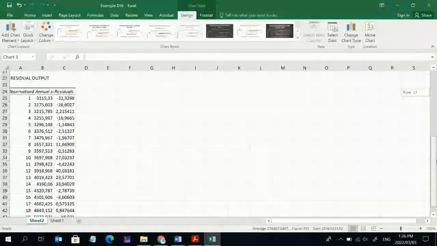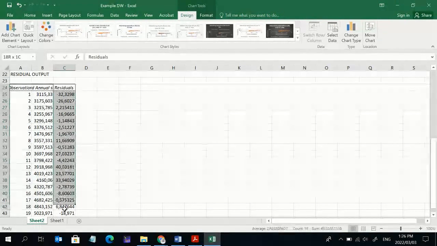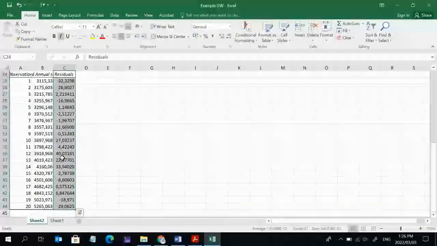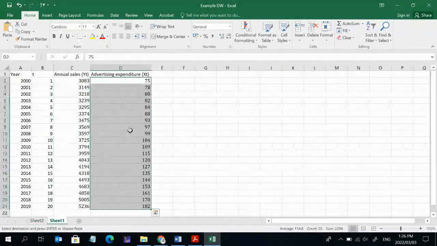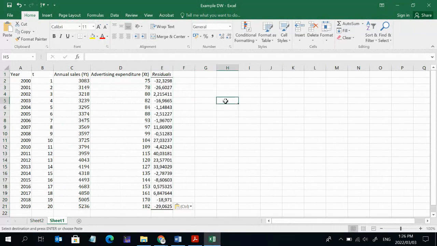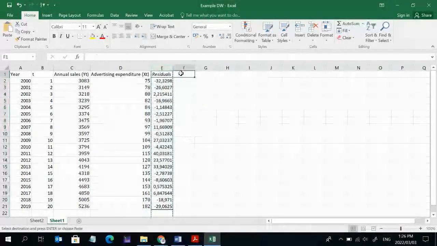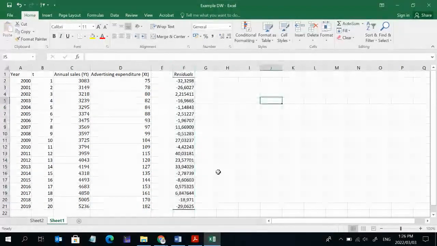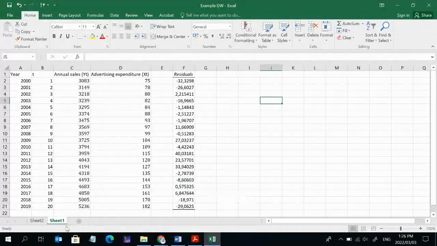We want the errors. So here are the errors. I'm going to take these errors and put them next to the values of x. Before the errors, let me also have the predicted values so that I can show you how we got the errors.